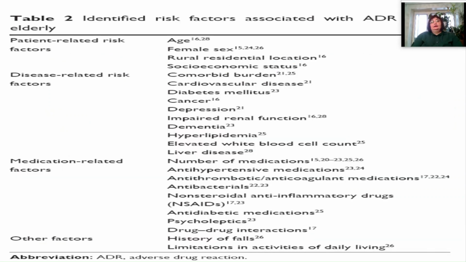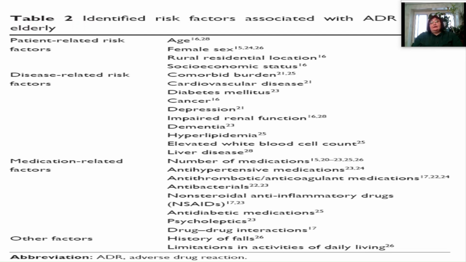Which identify risk factors associated with adverse reactions in the elderly. With this information, I can group them. They can be patient-related risk factors, disease-related risk factors, medication-related factors, and other factors.